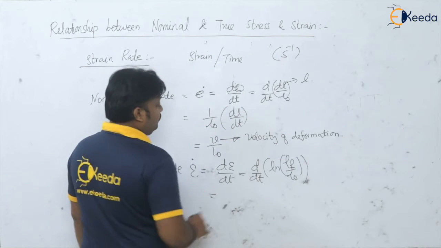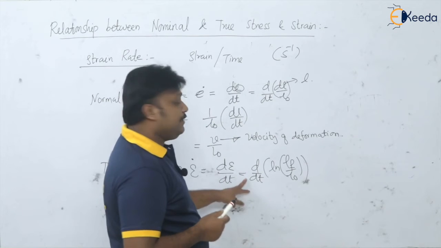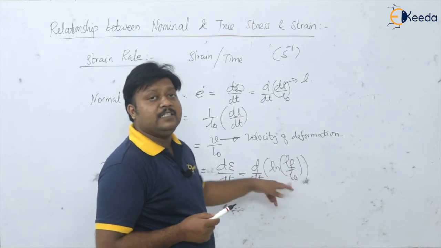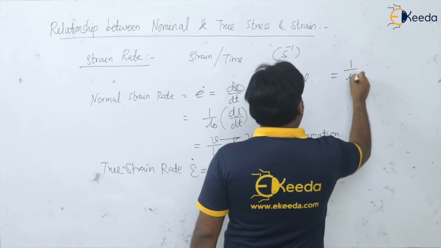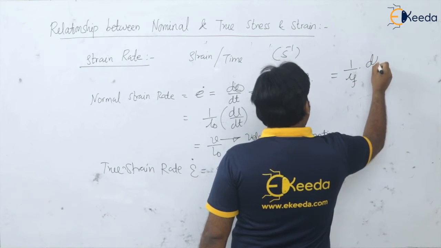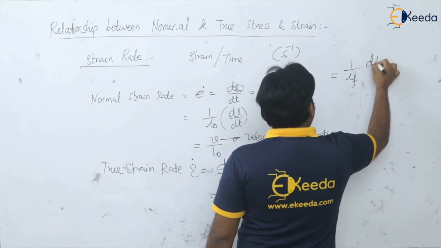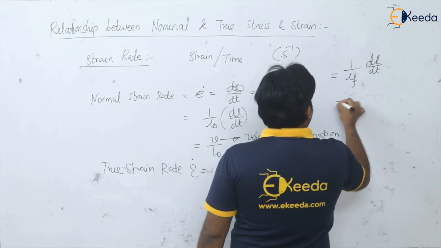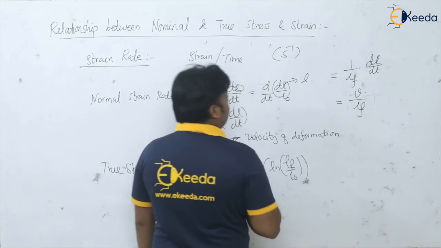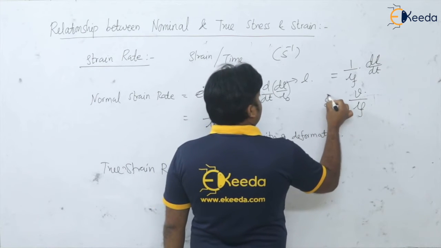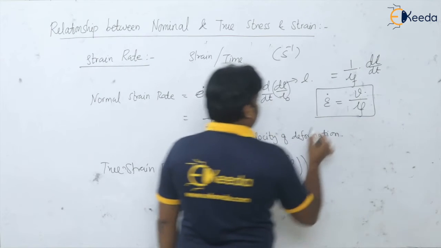So see, the derivative of log of x is 1 upon x. So what I can have here is 1 upon L final, again with dl by dt, which is nothing but the velocity of deformation divided by the final length or height. That will be our true strain rate.